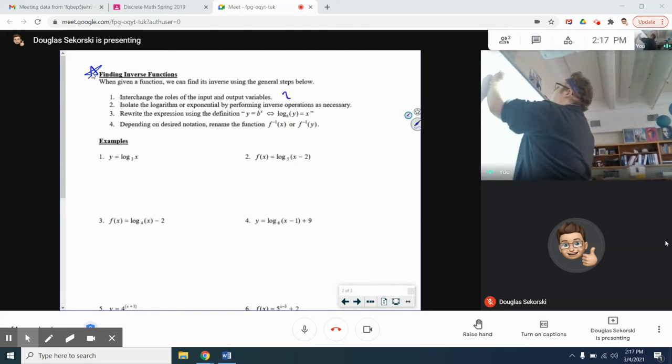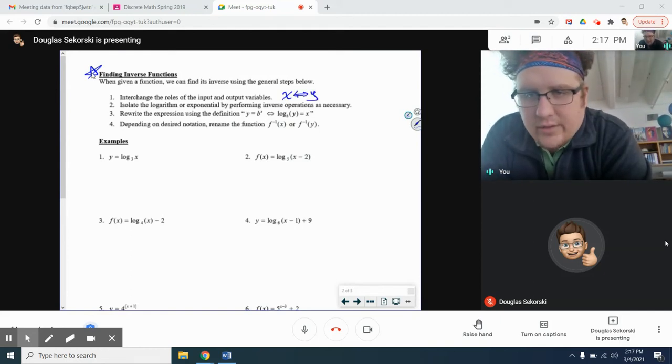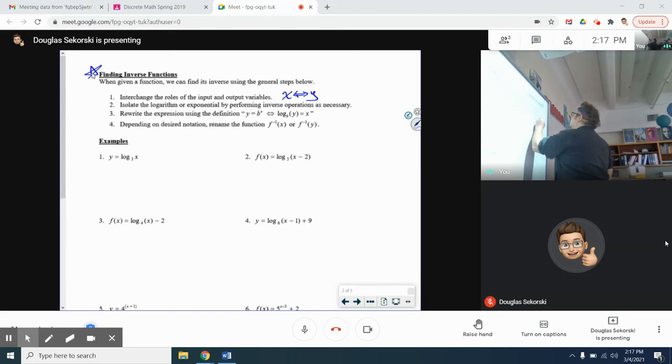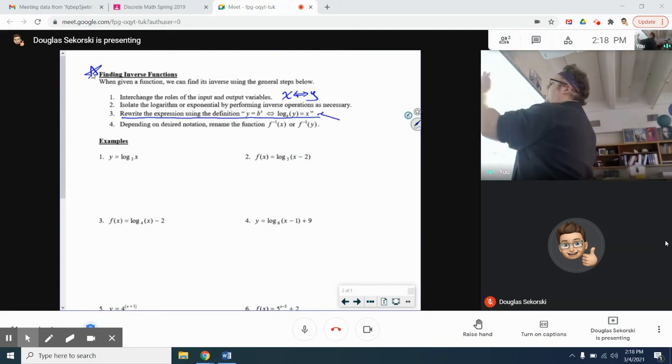So that's going to be us swapping x and y. Then it tells us to isolate the logarithm or the exponential by performing inverse operations as necessary. And then step 3 says to rewrite the expression using the definition. Oh man, I just highlighted everything. No point in highlighting if you highlight everything. But anyways, at that moment, right, there's going to be a form switch.